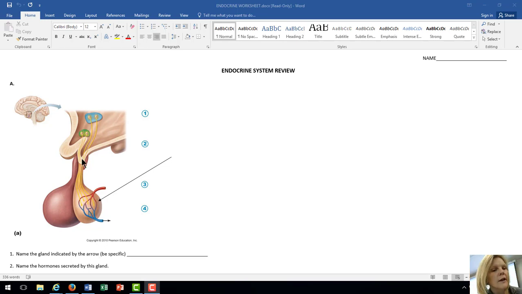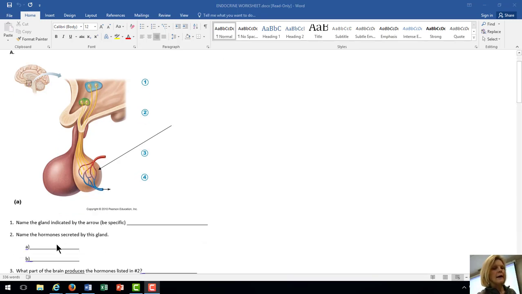This gland is simply axons with axon terminals that are storing two hormones. The two hormones stored in the posterior pituitary, but made technically by the hypothalamus because they're directly controlled by the hypothalamus, are ADH, which is anti-diuretic hormone, and oxytocin.